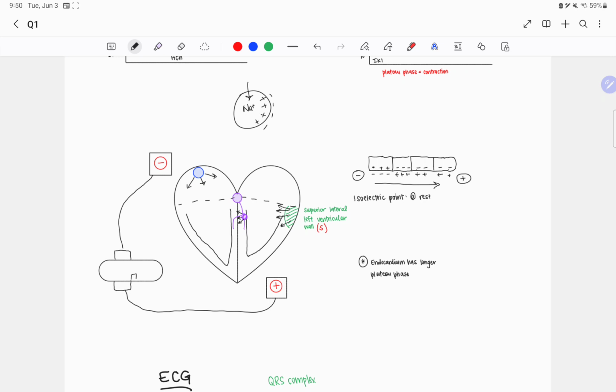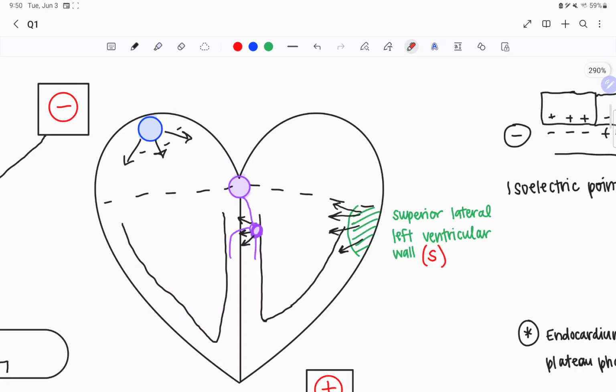Okay, so now if we're talking about coming from the SA node here, it starts this depolarization. Our ECG detects these negative charges coming off here, and it recognizes that it's coming out from right here.